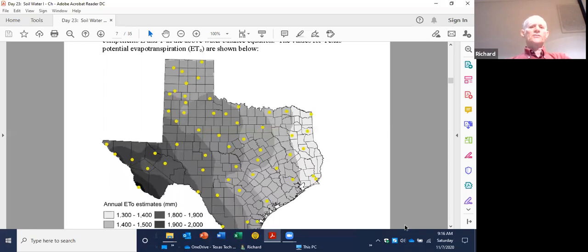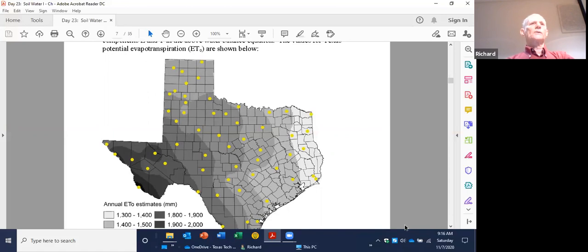West Texas and the El Paso region along the Rio Grande have very high evapotranspiration rates. In East Texas, we have an evapotranspiration rate of about 56 inches. That matches fairly well the rainfall. But as we go further west, the precipitation decreased, but the evapotranspiration increases.